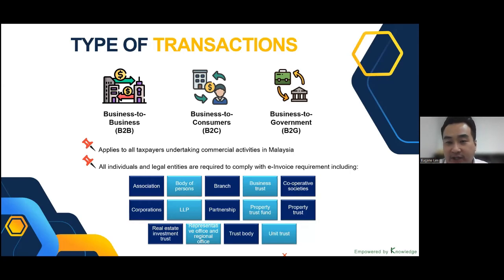When the e-invoice is implemented, all of these entities are required to comply. The same goes for you. If you are running as a sole proprietor enterprise, you need to comply with the e-invoice. But if you are not doing business, you are like a normal person, just running as an agent, as an individual, not doing business, then you don't need to go for e-invoice implementation.